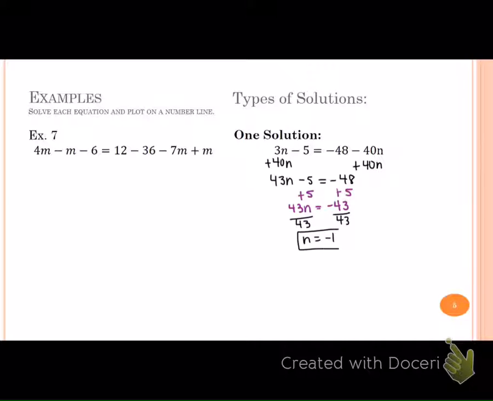So I have one solution because I got one answer. If I were to plot it on the number line, I would only have to plot one thing. One answer. So that's what it means to be one solution.